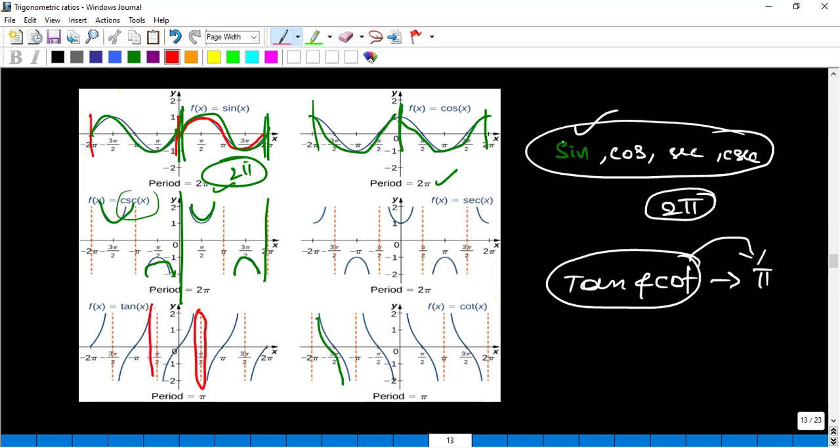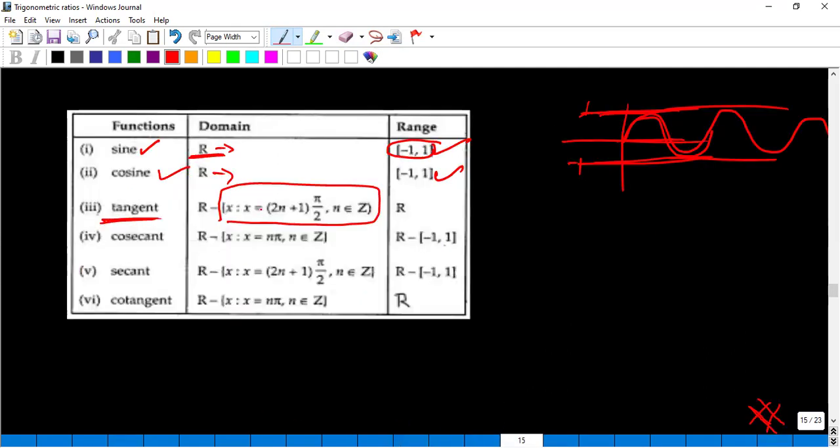At minus pi by 2 it is not having any value. At minus 3 pi by 2 and at 3 pi by 2 it is not having any value. So it is very clear that tan pi by 2 is not defined. That's why from all real numbers you are removing the related multiples of this pi by 2.